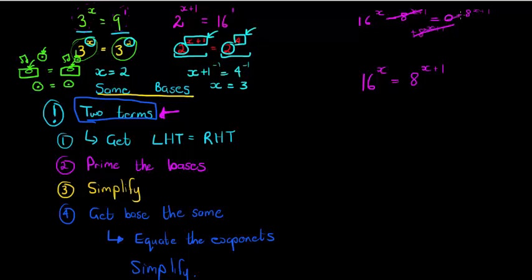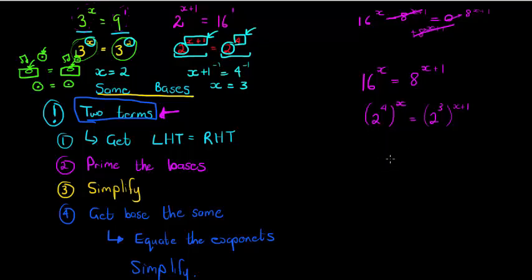On the right-hand side I've got 8^(x+1), so I get the left-hand term equal to the right-hand term. Now I prime the bases. So I can say 2 to the power of 4, that is what 16 is, to the x, equal to 8, which is 2 to the power of 3, to the x plus 1. In my next step I must simplify, and that's important.